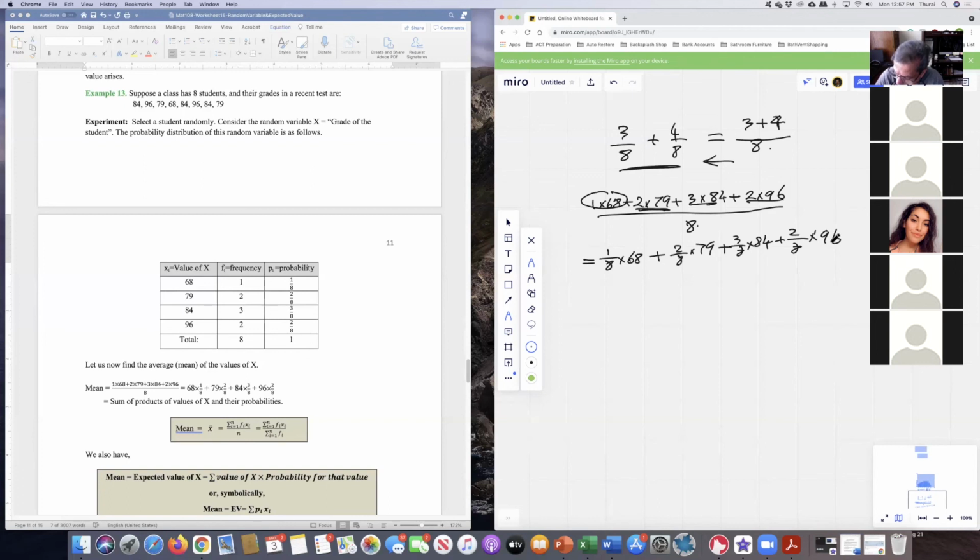Now what's interesting here is 1/8 is the probability for a randomly selected student to have grade 68. 2/8 is the probability for a random student to have grade 79.